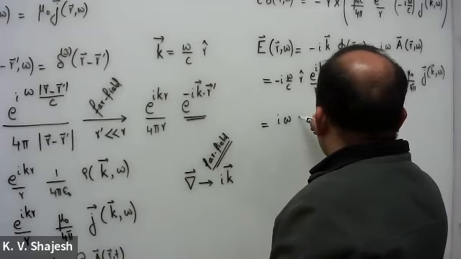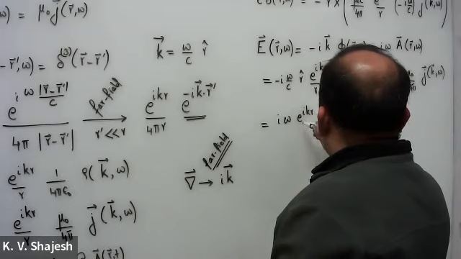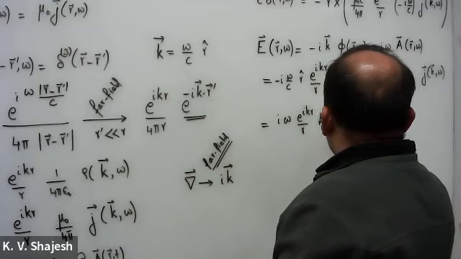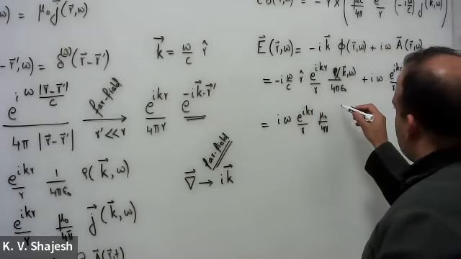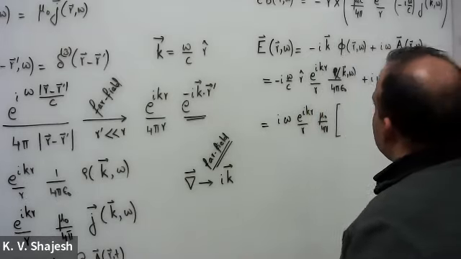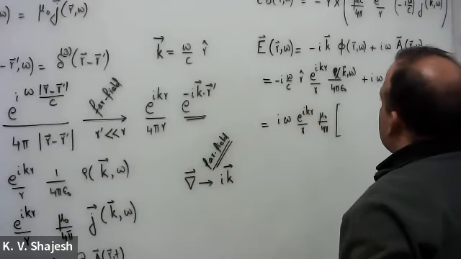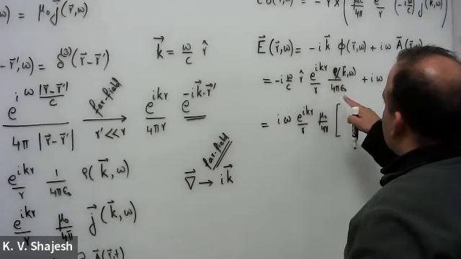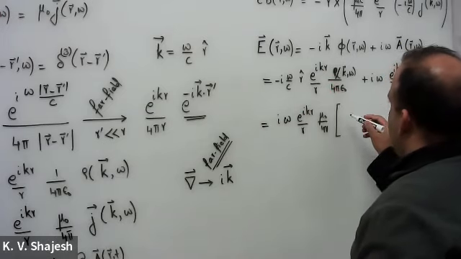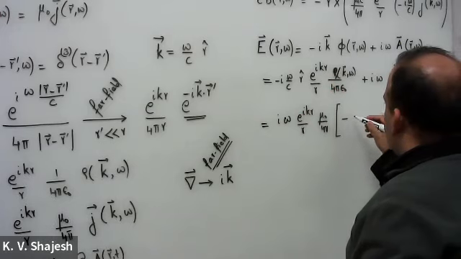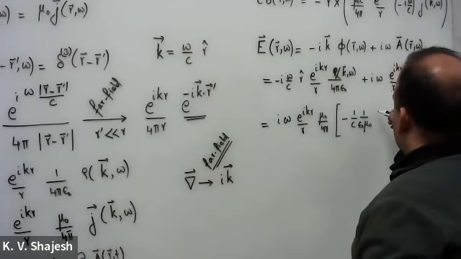Omega e raised to ikr over r, mu naught over 4 pi. That's this whole piece that's come out. And what is remaining is ikr, c, the minus 1 over c, 1 over epsilon naught, mu naught, and that is a rho of k omega.